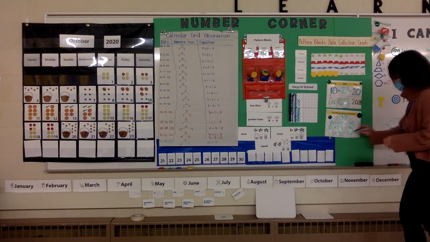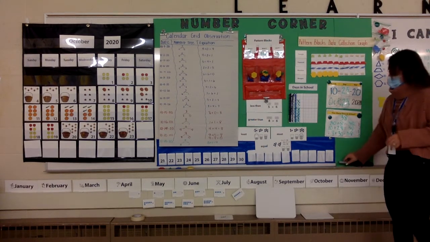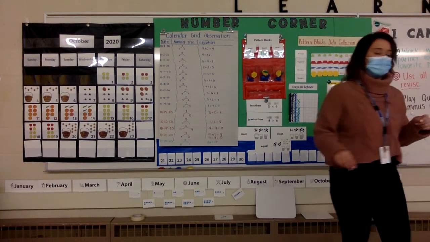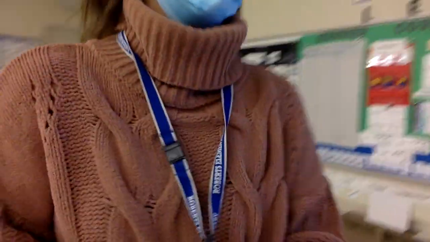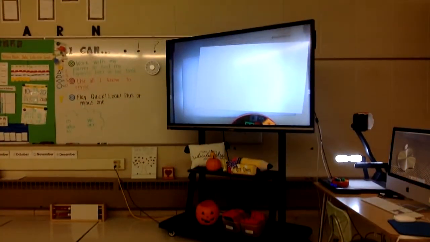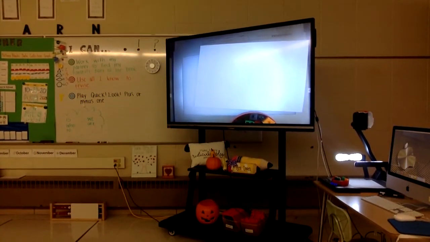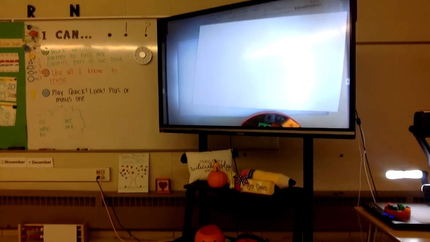I want you to tiptoe and grab your whiteboard and eraser and come in front of the smartboard. So I'm going to move it over to the smartboard. Friends at home, we're going to be playing a game, and you're going to help us play at home.